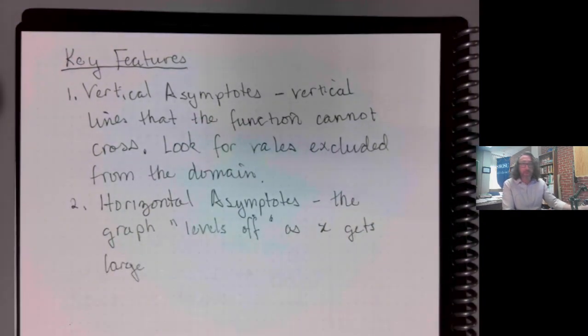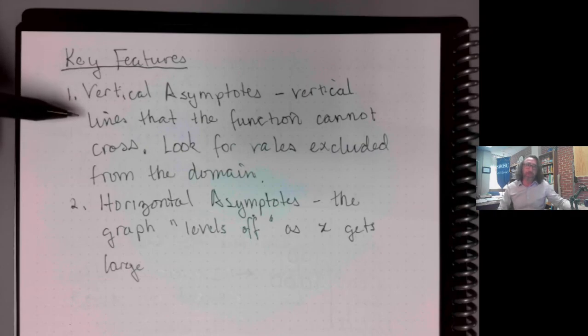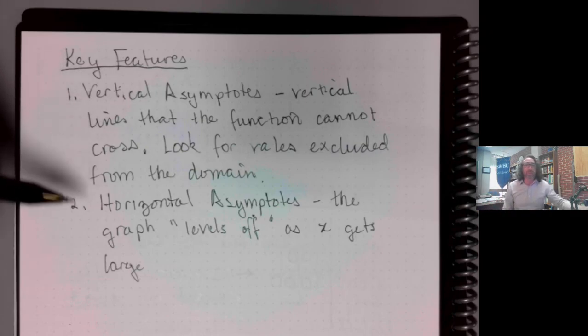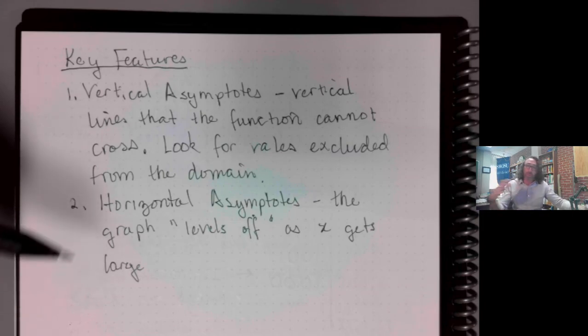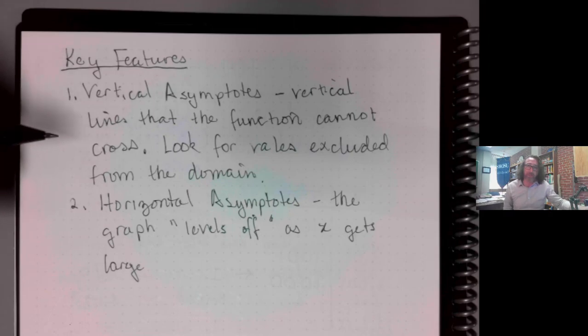Okay, so when we're dealing with these rational functions, which we will be for the next couple of videos, a couple of the key things that we'll be looking for is where are the vertical asymptotes, where are the horizontal asymptotes, and we'll put both of those things together and try and understand the behavior of these rational functions.